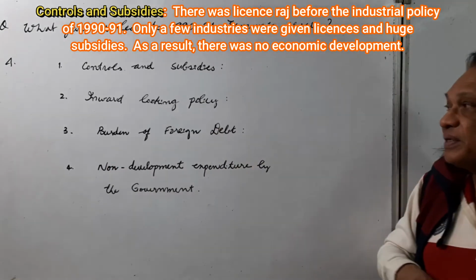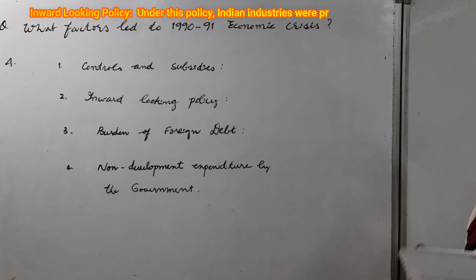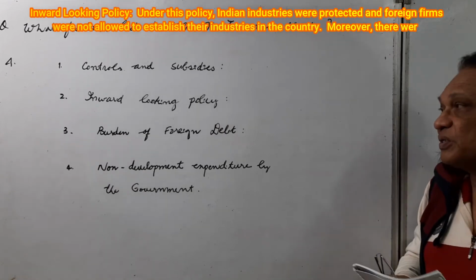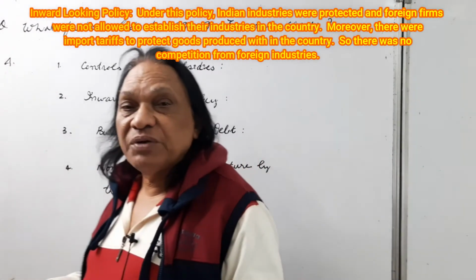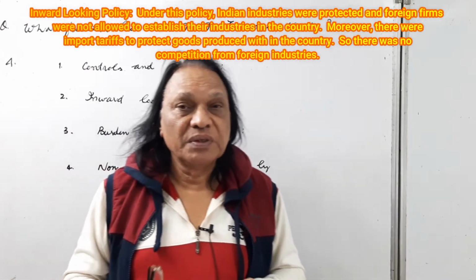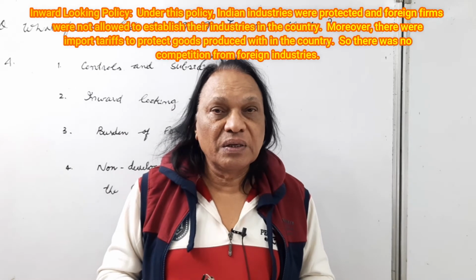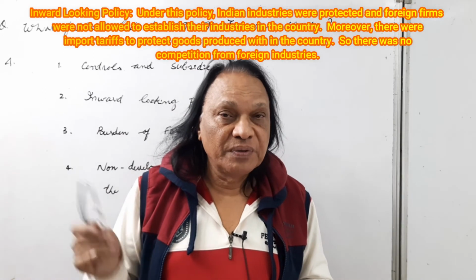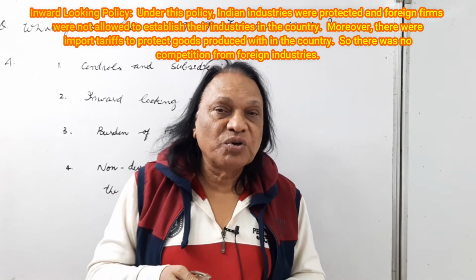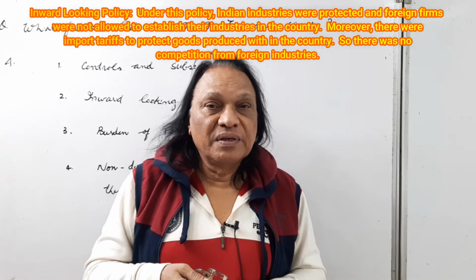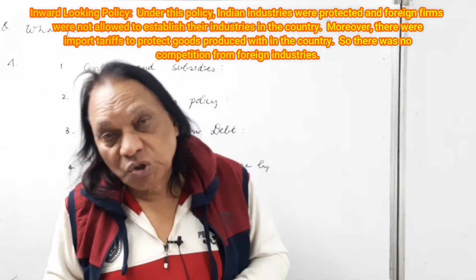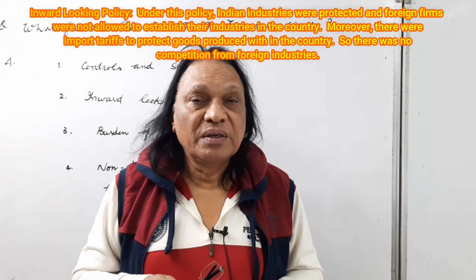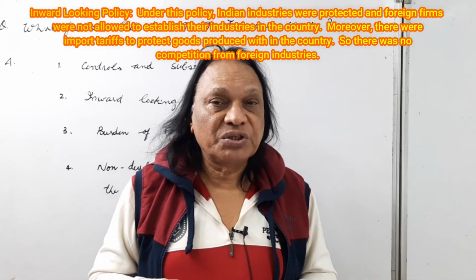The second point is inward-looking policy. What exactly is inward-looking policy? That means we were not competing with other countries. Import licenses were given only to a few industries, and we were not allowing other countries to come and invest in our economy or compete with our industries.